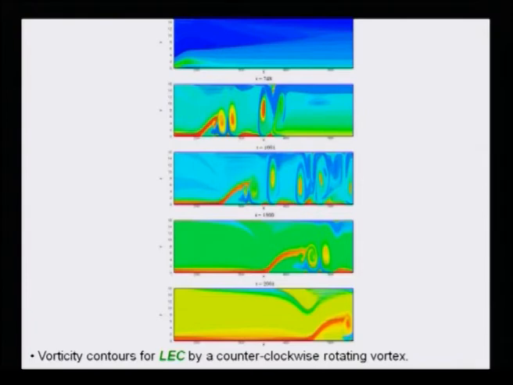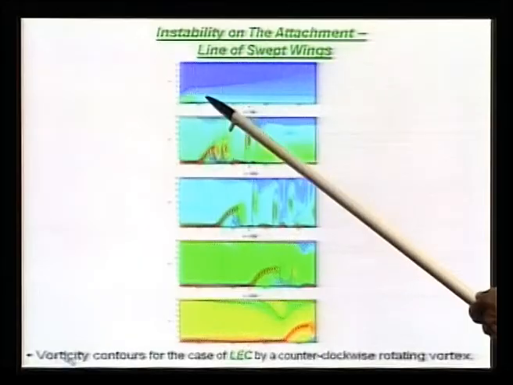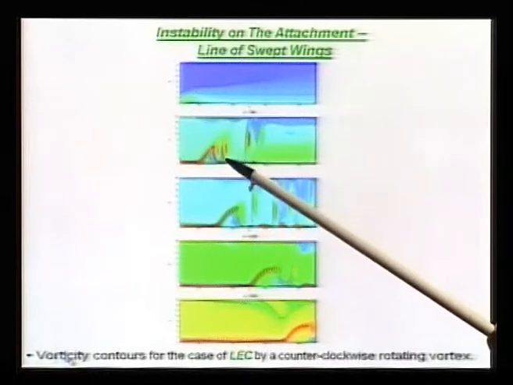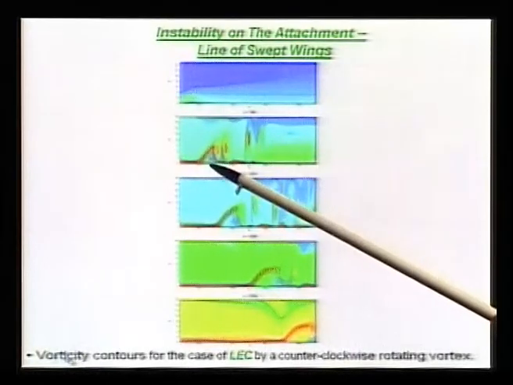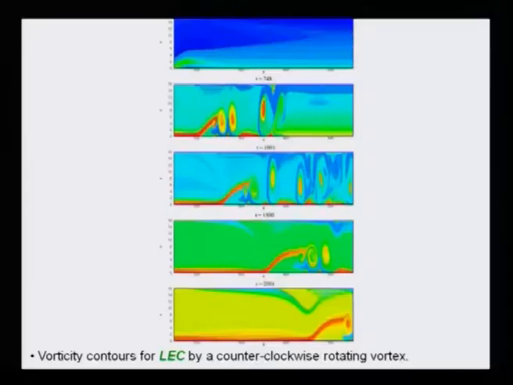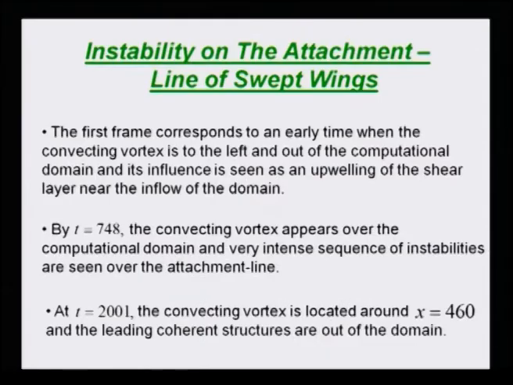This is what you see as the instability on the attachment line. At earlier times, you can see again this bulge in the shear layer, which actually degenerates into erupting vortical structure at later time, and this is what is noted as the vorticity contours due to a counterclockwise vortex.